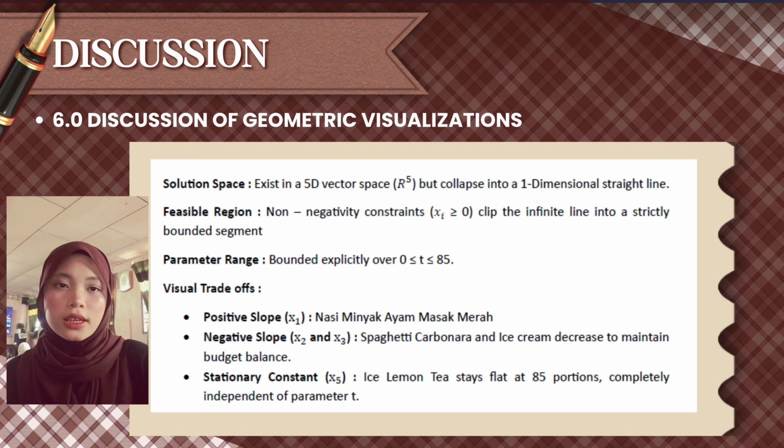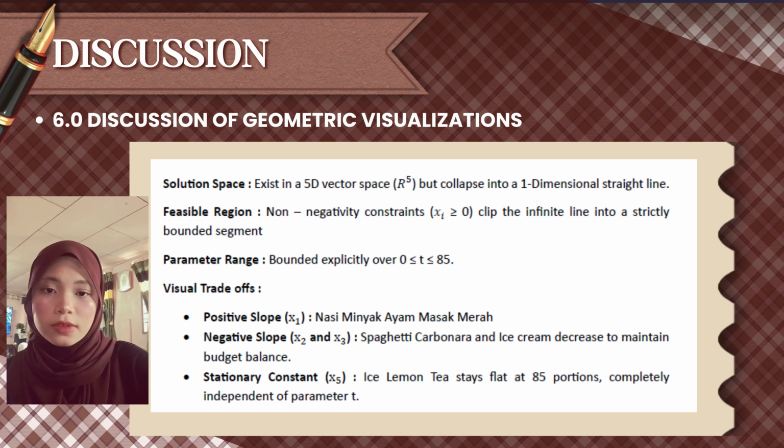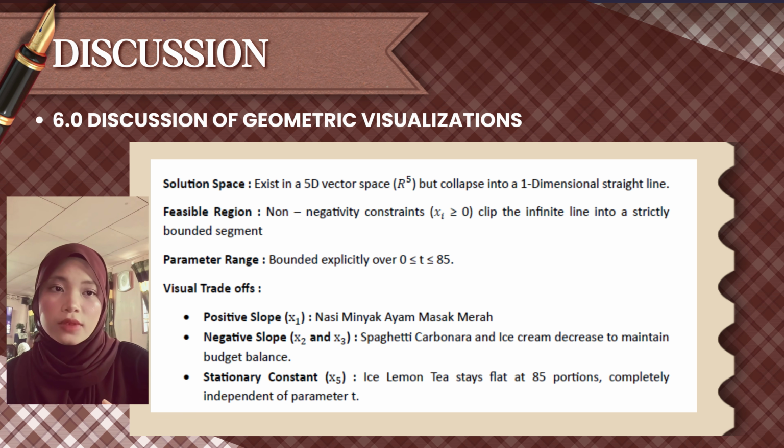Let's move on to the discussion of our geometric visualization from section 6.1 of the report. Even though our system mathematically lives in a 5-dimensional coordinate space, our nullity of 1 collapses the entire infinite solution space into a single 1-dimensional straight line.